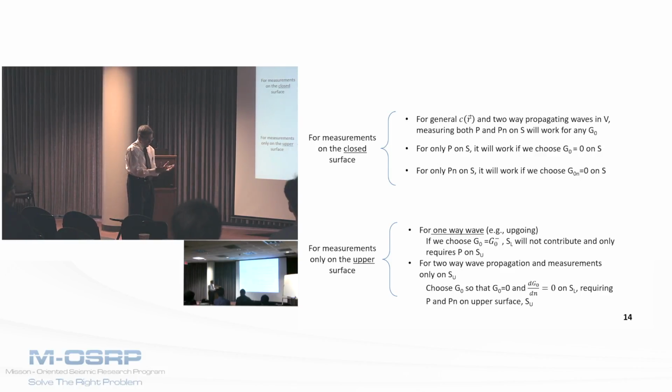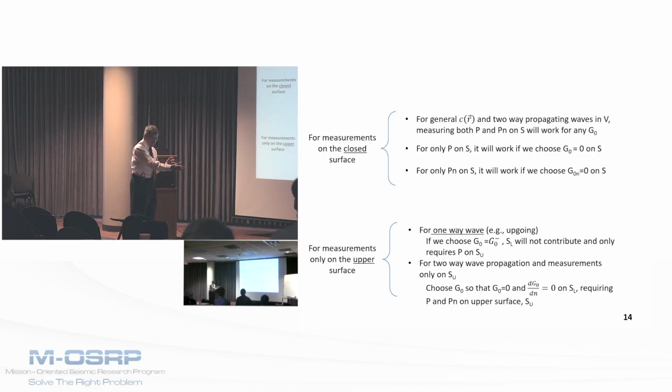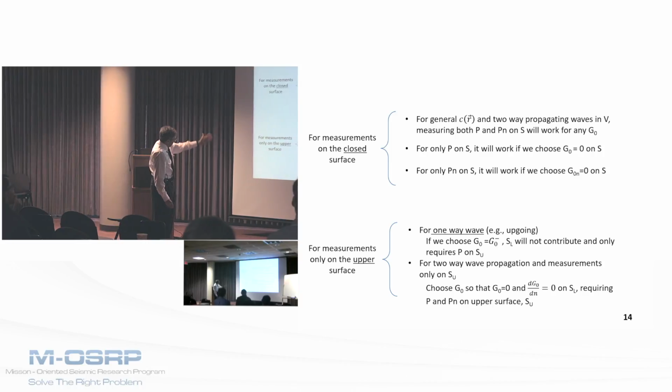If you give me the field all around, I have to make the other term go away, so I make the Green's function vanish, so that I don't need the normal derivative, yes? Or if you give me the normal derivative, I have to have the normal derivative of the Green's function vanish, because it's P grad G, G grad P. If you only give me P, the other one's got to go away, yes? So that's what that first story talks about.